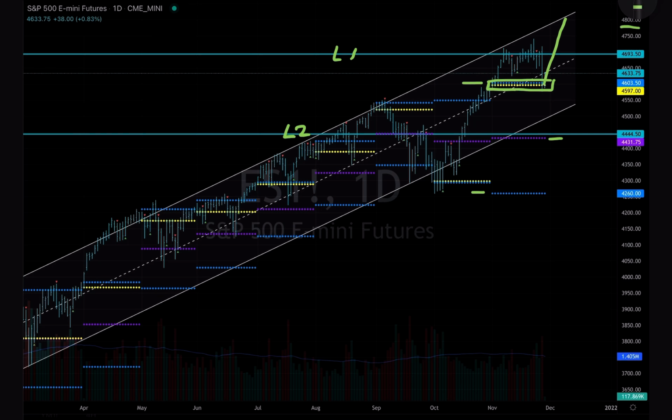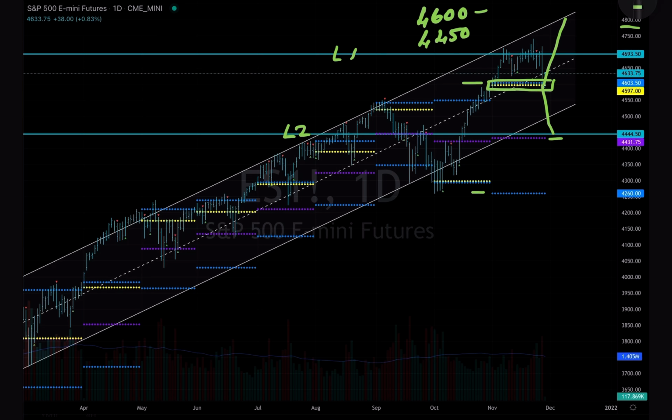If it is offered, then there is a very high probability that the market can pull back up to this level, which is the 4,400 levels. So the two key levels to watch for S&P are 4,600, and the next level to watch is 4,450. If it takes support at this level, the market can go up to 4,800.